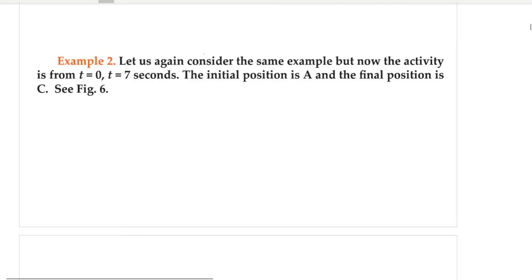A is the initial position and C is the final position. Again, they have not mentioned, but we have to find the distance and displacement.